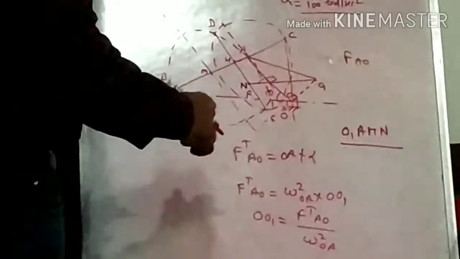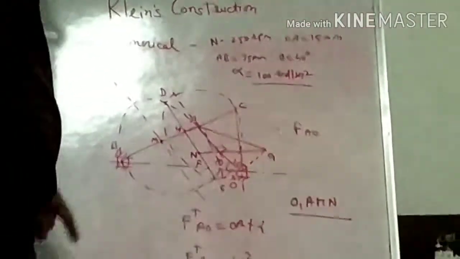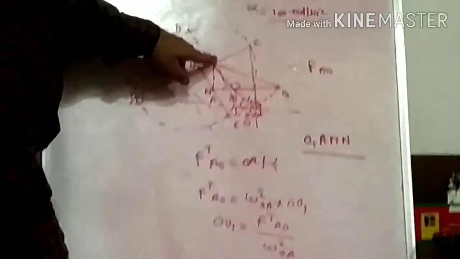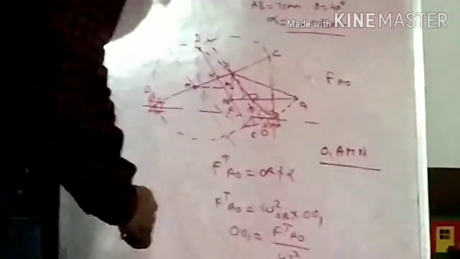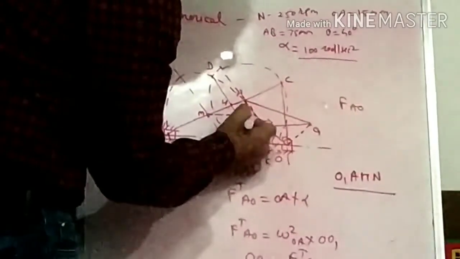Now suppose in the problem we have to find the acceleration of point M. For this we have to join points A and N. Now this AN line represents the total acceleration of B with respect to A. Then draw the horizontal line from point M. So we shift this point M here and join this point with O1.